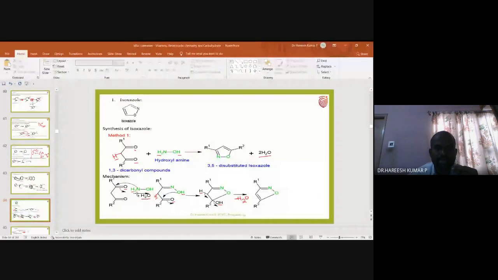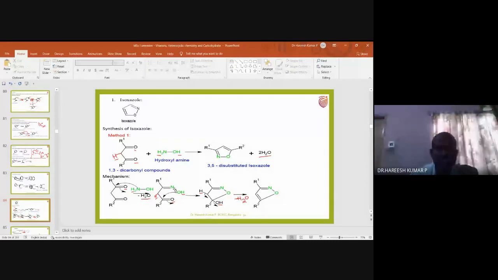So in between these two, I can write one intermediate. The intermediate means there will be a new bond formation between the nitrogen and this carbon, and this C=O is converted into OH. That is the intermediate. Later on, OH and H present on the nitrogen will go out as water, giving rise to this.